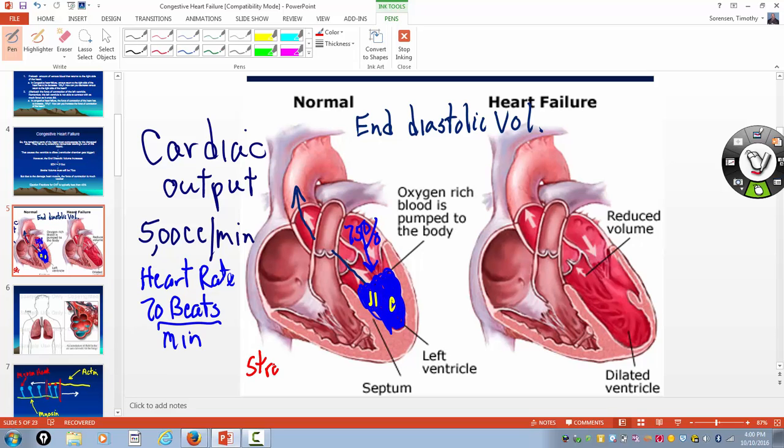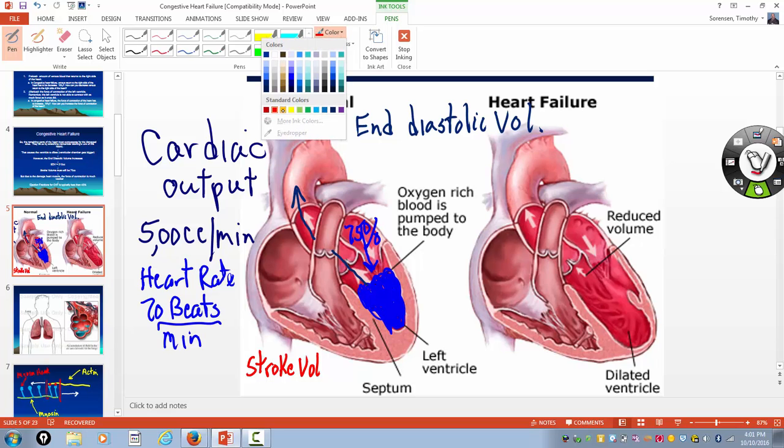So the stroke volume is the amount of blood pumped with each beat of the heart, each contraction of the left ventricle. And in an average heart, you pump out about 70 cc's with each beat.